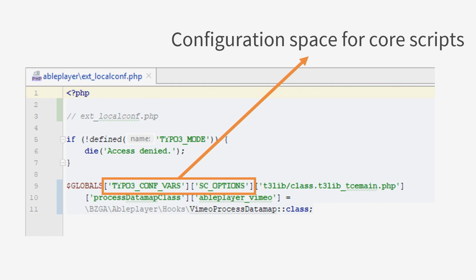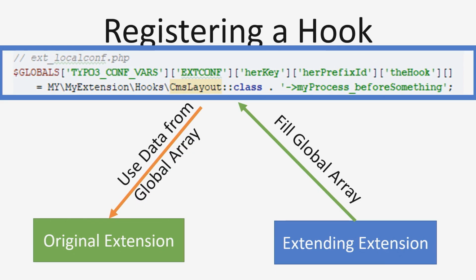But you might sometimes see something like SC options when you are trying to hook into something. These are hooks that are coming from the core, but everything else is the same. So usually hooks work like this: the extension will fill something into the global array.